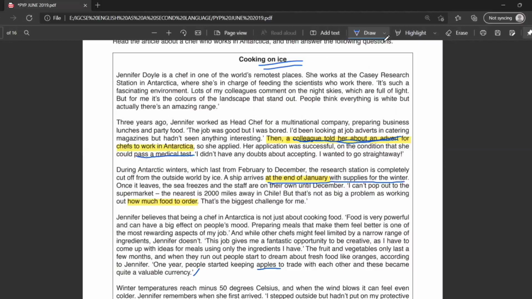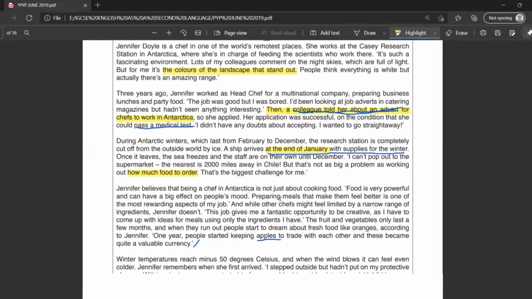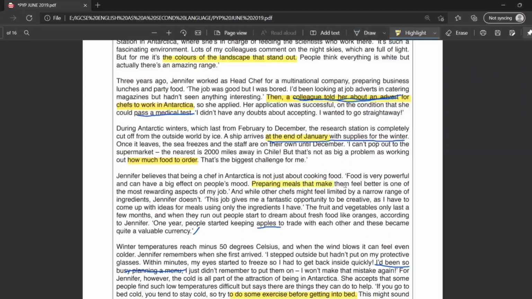So we have read already that she likes the colors of the landscape that stand out. We just skim it and try to find out what she likes, what are the things that she likes. She likes preparing meals that make them feel better. Okay, and what does she like? This job gives you a fantastic opportunity to be creative.